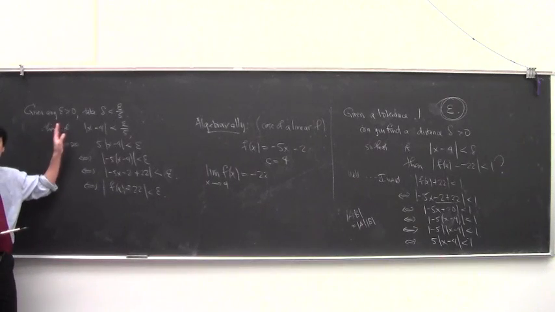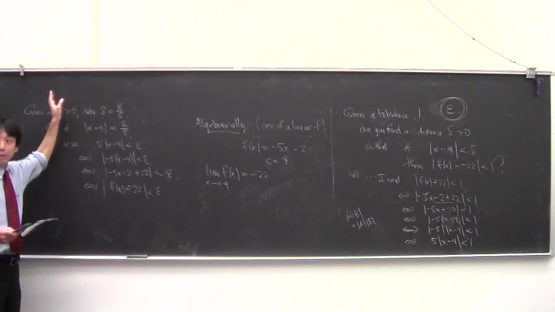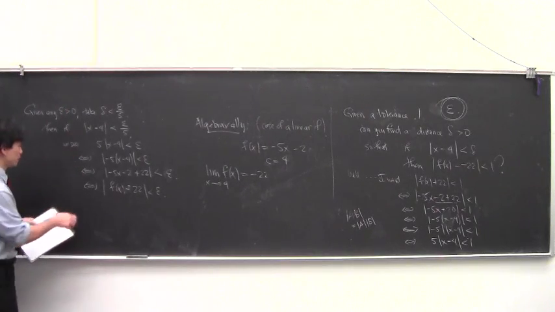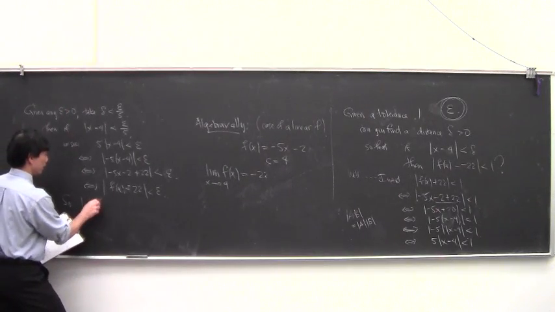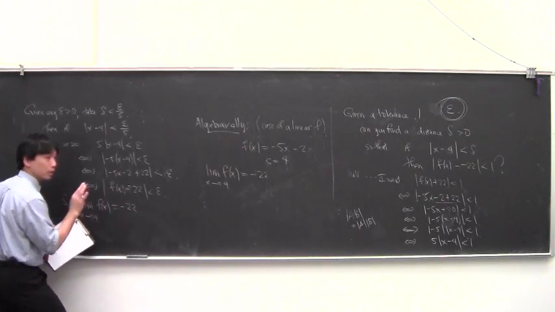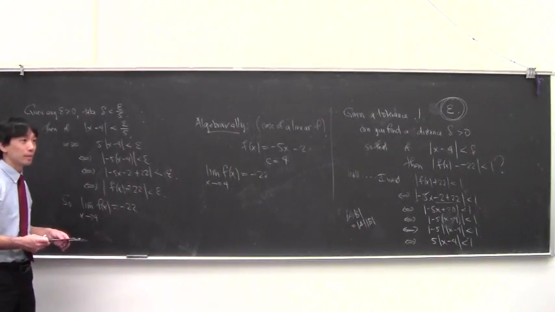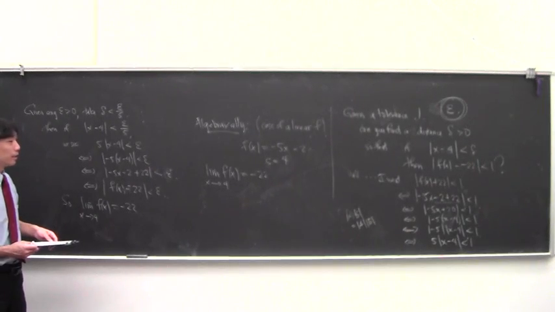Right, so we're able to find a delta. No matter what epsilon you're given, you can find a delta that works. So the limit of f of x is actually negative 22 as x approaches 4. So that's the game. That's the game for linear functions. Yeah. Regardless of the negative slope. Yeah. Okay. Yeah. Cool.